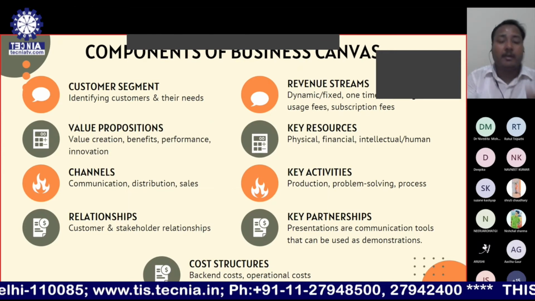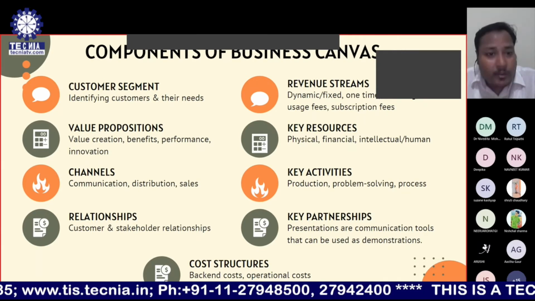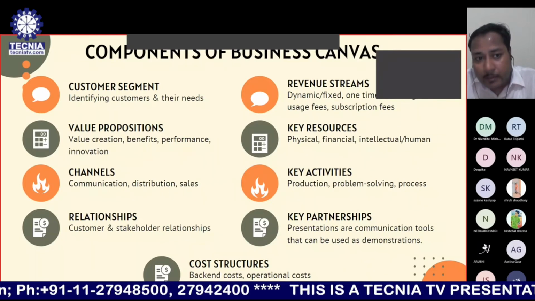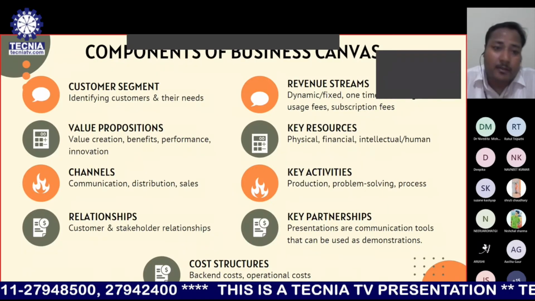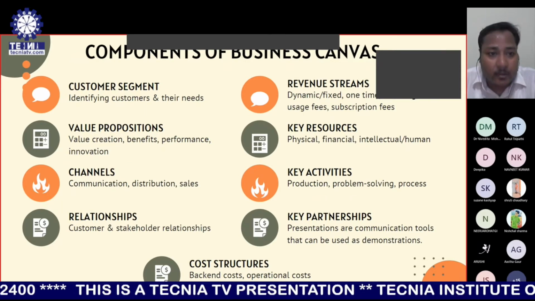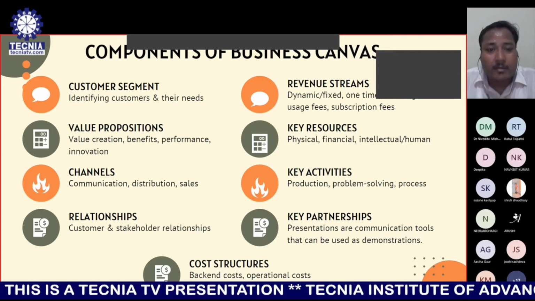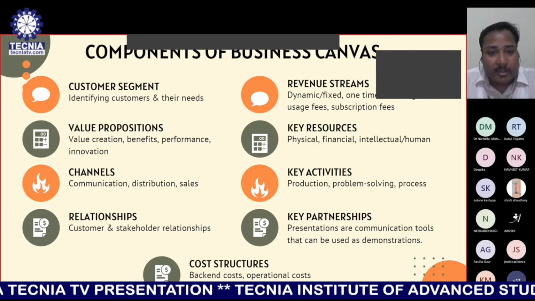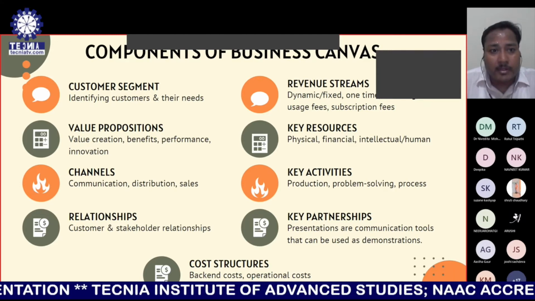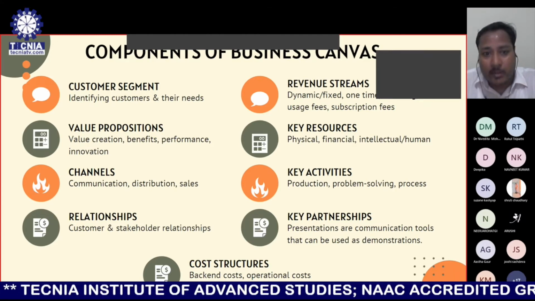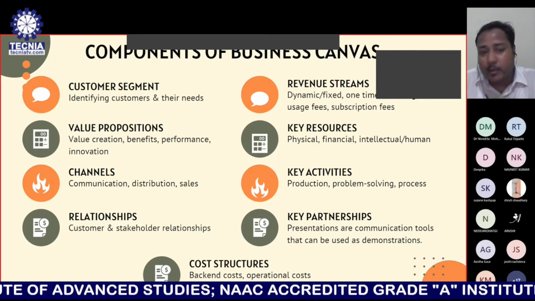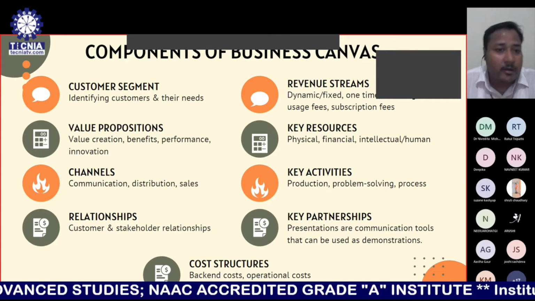If we start from the customer segment, before filling that box you have to identify your customers and their needs. आपके कस्टमर को चाहिए क्या एक्चुअली, और आप जो बना रहे हैं उसके कस्टमर्स हैं कौन. आपको कस्टमर सेगमेंटेशन करना है. हो सकता है आपका कोई प्रोडक्ट हो जो 5 और 7 टाइप्स ऑफ कस्टमर्स के लिए काम करता हो, बट सबके लिए ऑर्डर्स डिफरेंटली होंगे. अमेजन सब यूज करते हैं बट सब एक तरीके से ऑर्डर नहीं करते हैं.